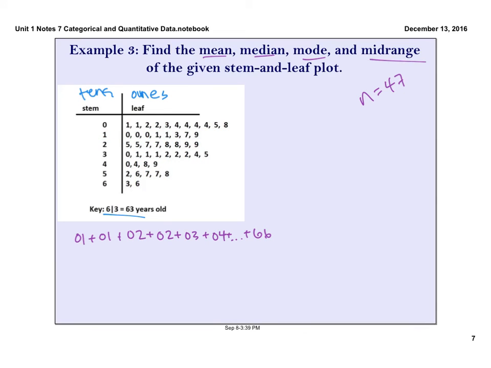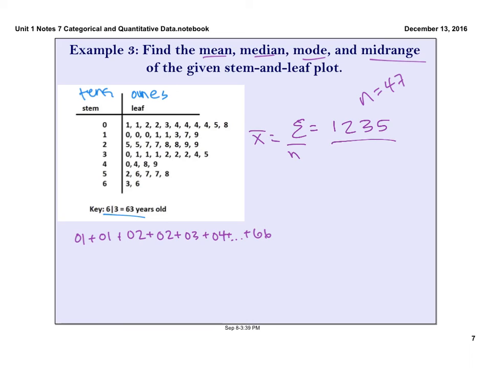Okay, so hopefully you were able to go through and find the sum there. When I added up all of my data points, I found a sum of 1,235. And remember that when we find the mean, it's the sum divided by the n.